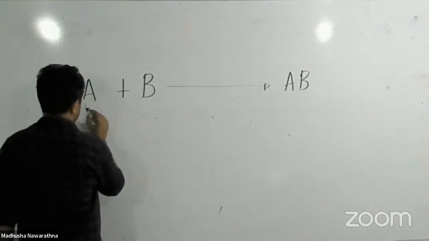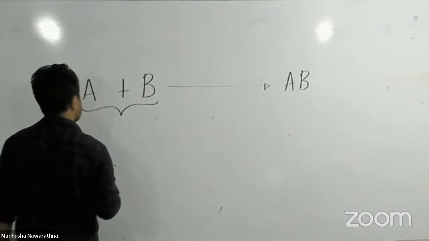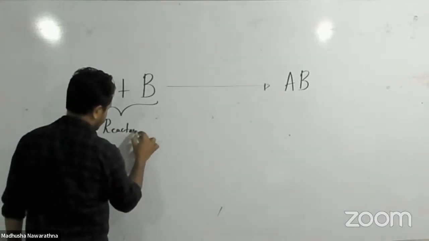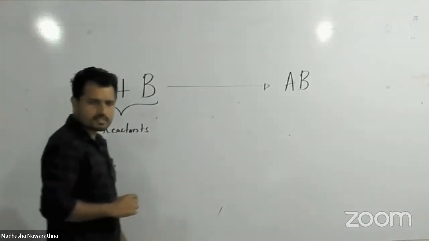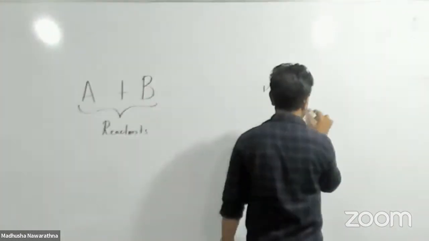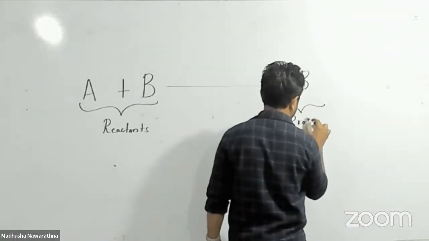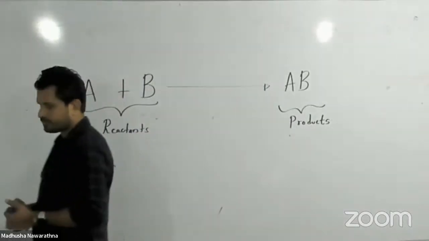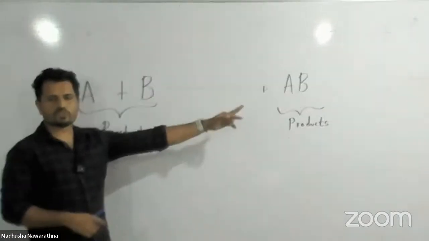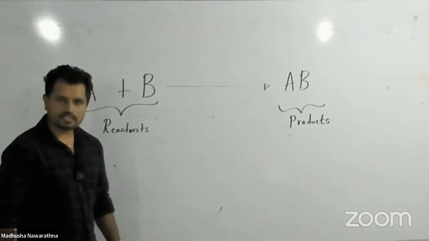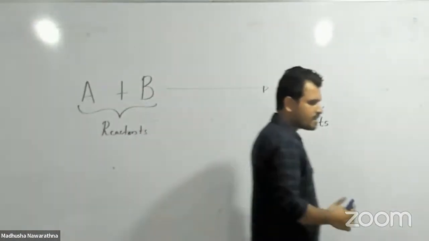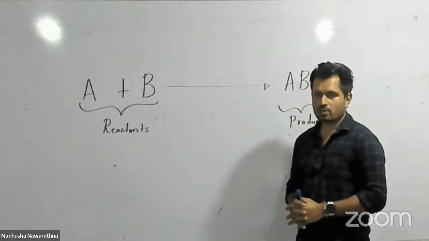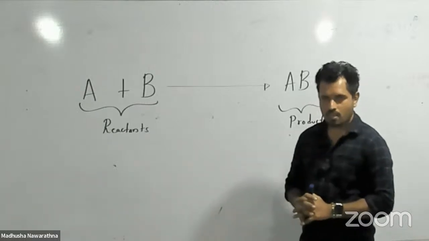So here in your left hand side you can observe reactants, while on your right hand side you can observe the products. Reactants and the products.